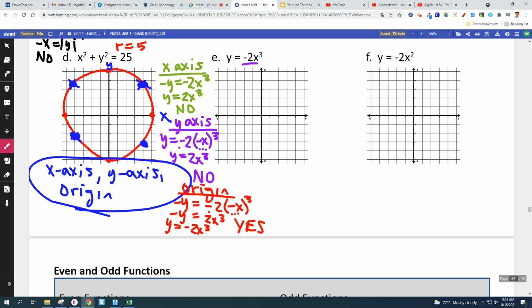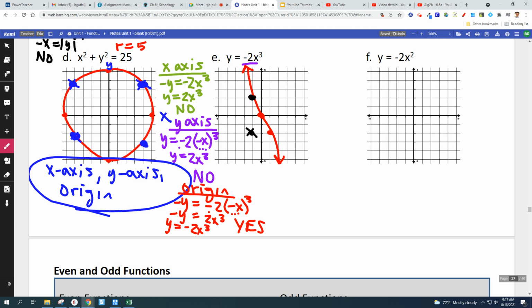But this probably would have been easier if you just graphed it, okay? This graph looks like this. It's an x cubed, so it's a disco function. So the function looks like this, all right? If you took some point on that graph, so let's go this point right here. If you try the x-axis, it doesn't work.